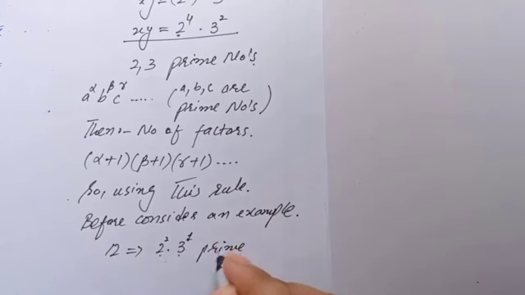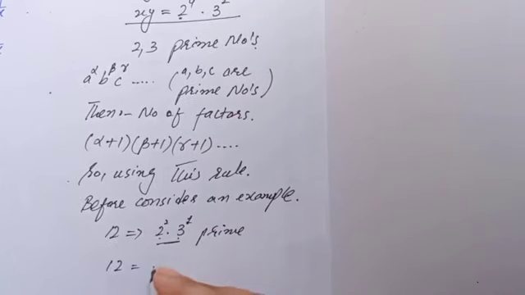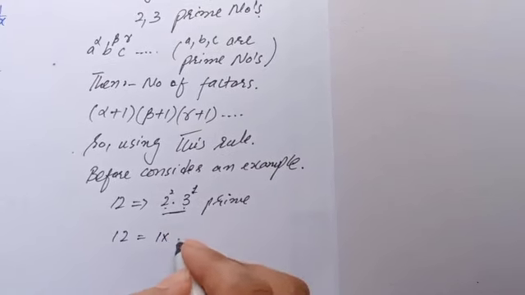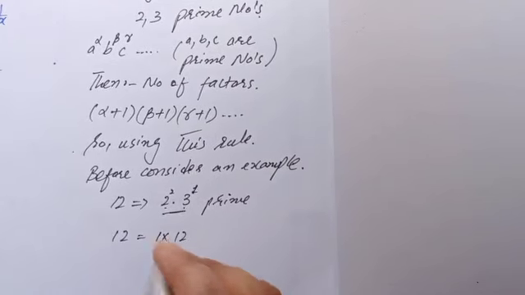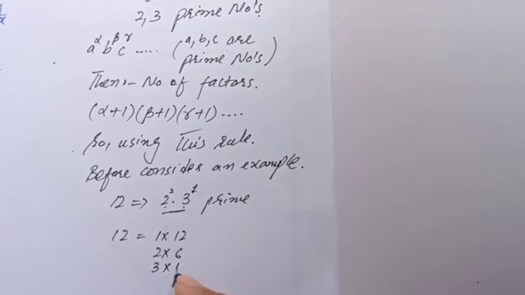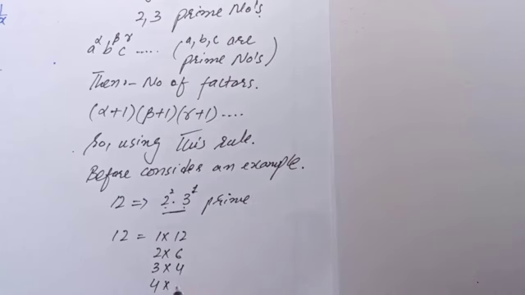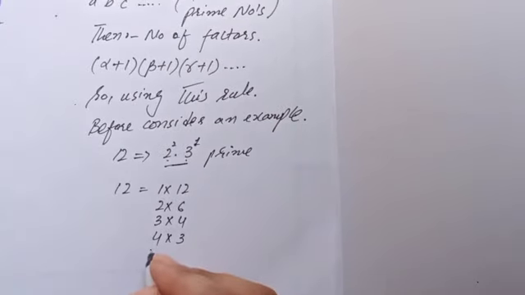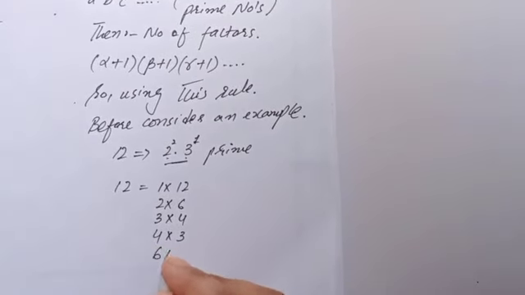We have to consider the prime numbers to use the above rule. In other words, 12 can be written as 1 multiplied by 12, the rule which we learn in early education. So 3 multiplied by 4, 4 multiplied by 3, 6 multiplied by 2, and 12 multiplied by 1.